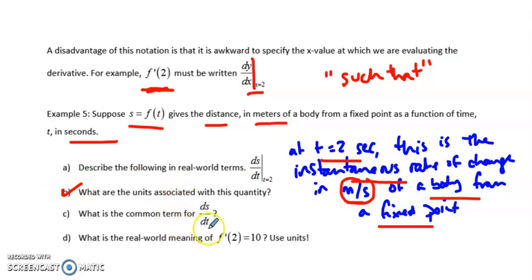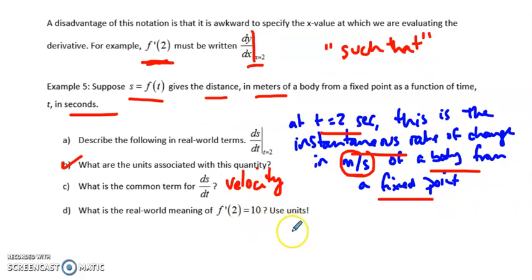What is the common term for ds dt? Well, all you physics people will know that this term is going to be velocity. So then the question is, what is the real world meaning of f prime of 2 equals 10? Use units.